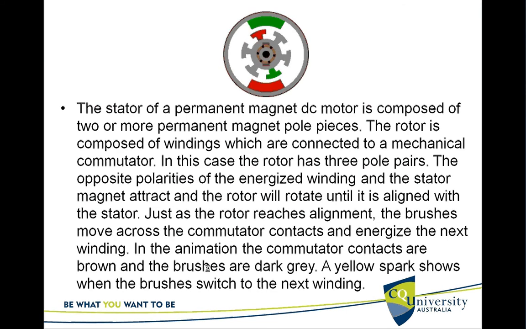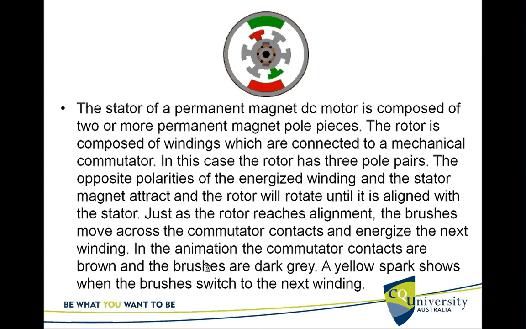The stator of a permanent magnet DC motor is composed of two or more permanent magnet pole pieces. The rotor is composed of windings which are connected to a mechanical commutator. In this case, the rotor has three pole pairs. The opposite polarities of the energized winding and the stator magnet attract, and the rotor will rotate until it is aligned with the stator.